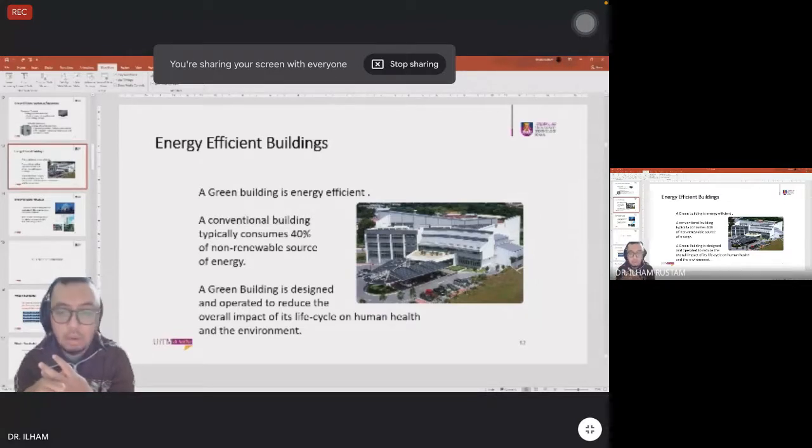And for those who are interested, you can try to go to Bangi. There is a building at Section 9, if I am not mistaken, the Green Tech building. If you go there, there will not be a single lamp inside the building. There is no aircon, there are fans but they are not on.